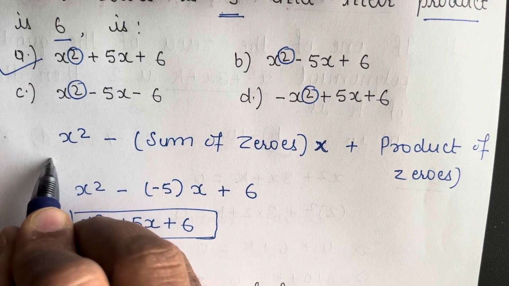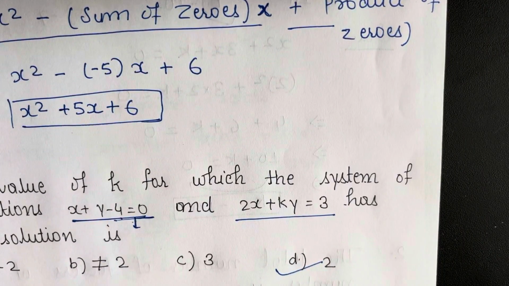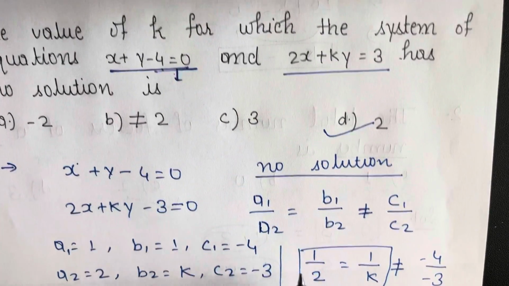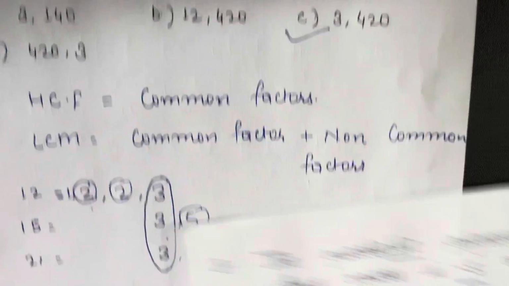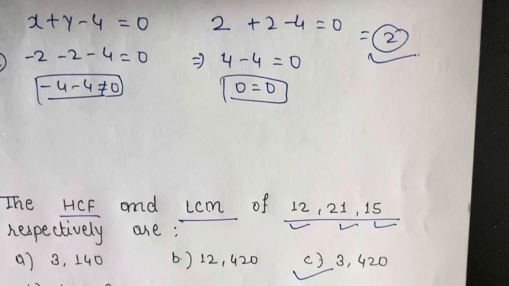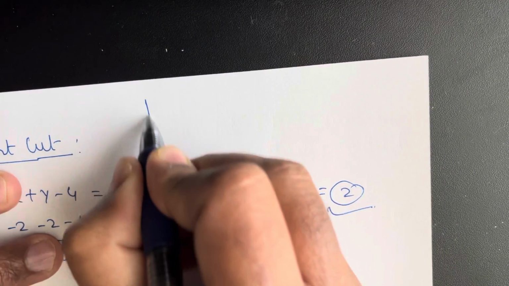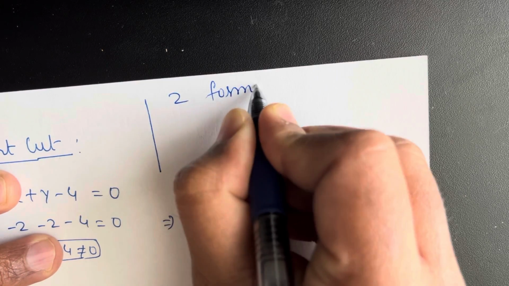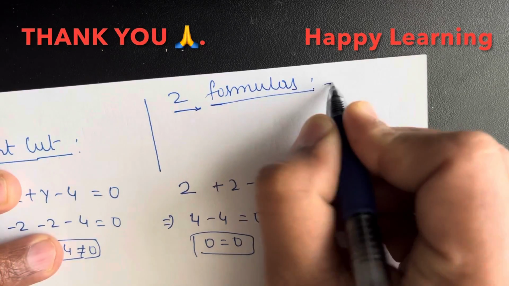In the fourth question, you have one formula for the linear equation. In all of these 5 questions, how many formulas did you get? 2 formulas, and the other 3 were just your own calculations, if you remember.